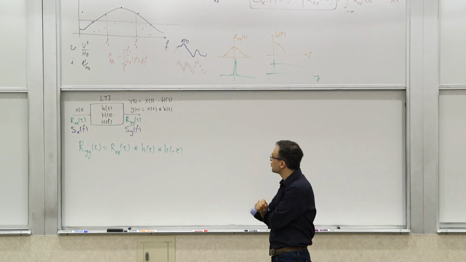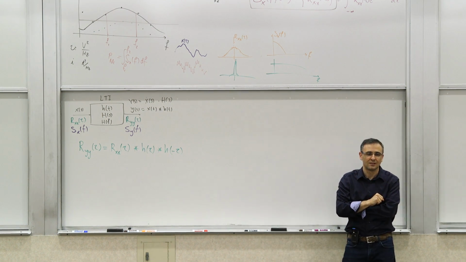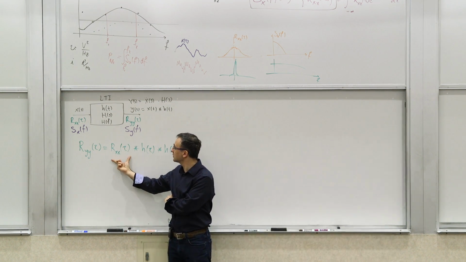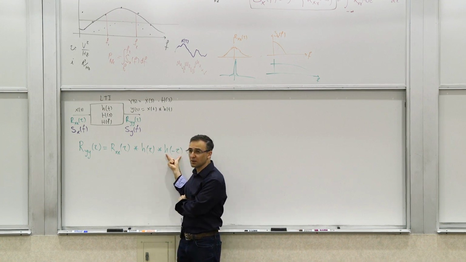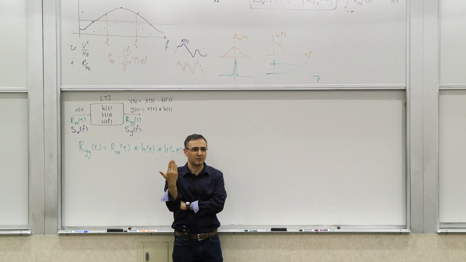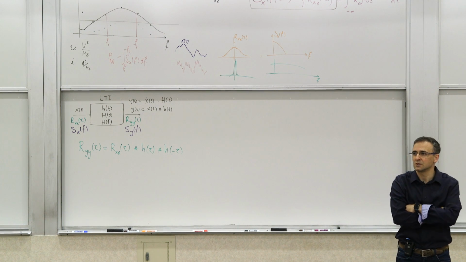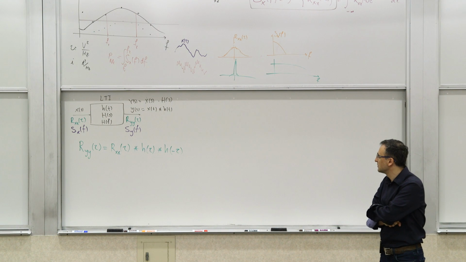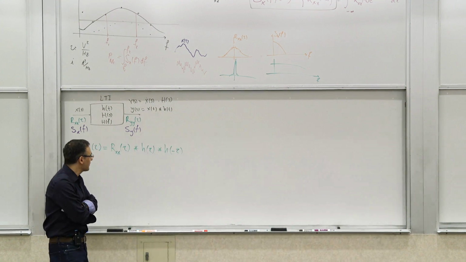So now, if this is true, what can we say about the power spectral density, PSDs? Because this is the relationship in the time domain. It says, if you know your input autocorrelation function, convolve it with the impulse response, and the impulse response flipped in time, h of negative tau. So convolve it twice, once with h of tau and once with h of negative tau. But how about the power spectral density?